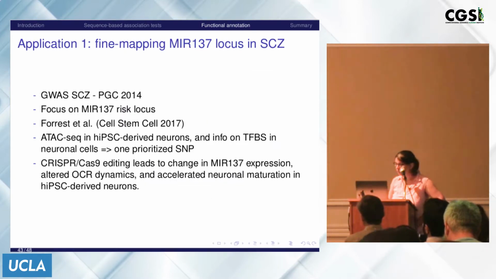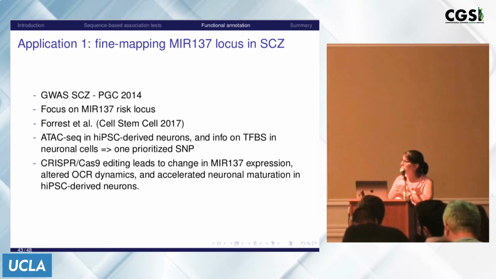And I'm going to end with some applications of this functional score. I talked in the beginning about the first application of incorporating those functional scores into the gene-based association or region-based association test. I'm going to show now an application to fine mapping.